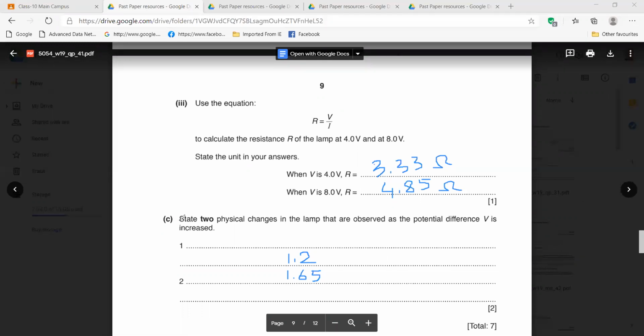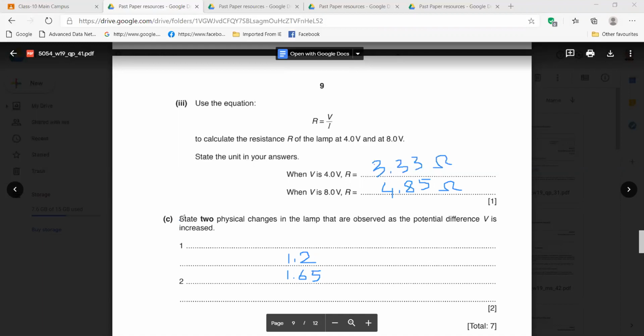State two physical changes in the lamp that are observed as the potential difference V is increased. If you increase the potential difference, then what happens?